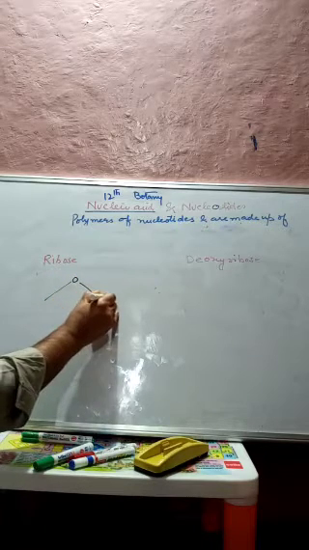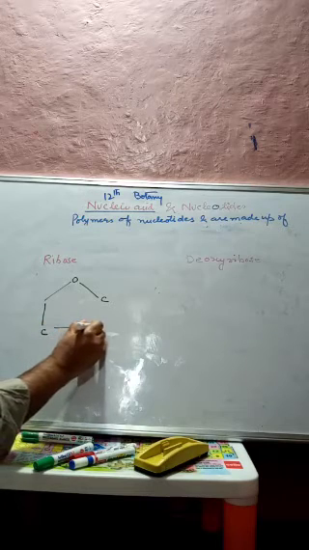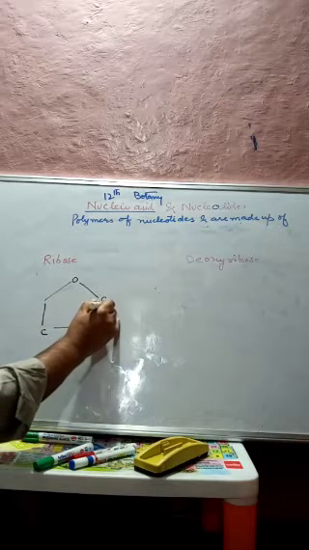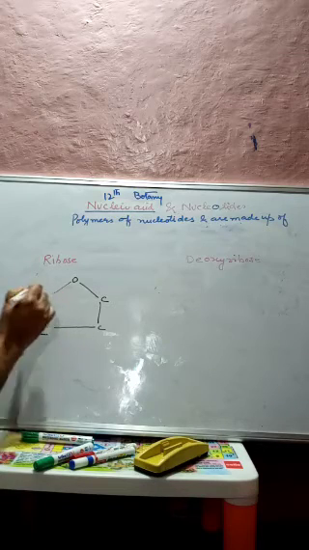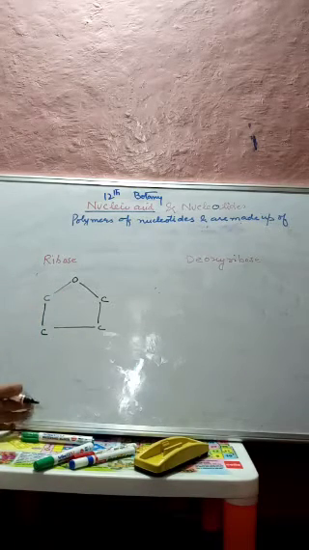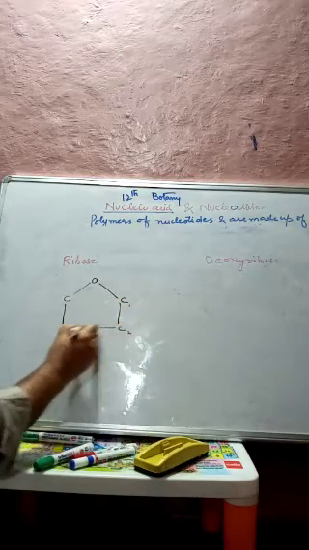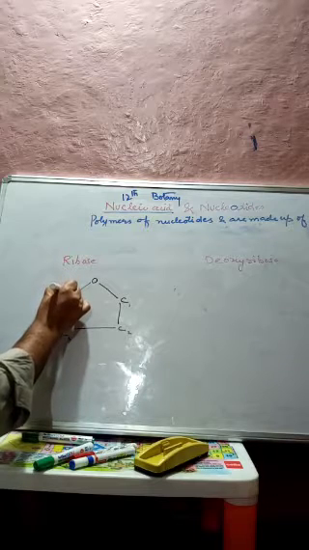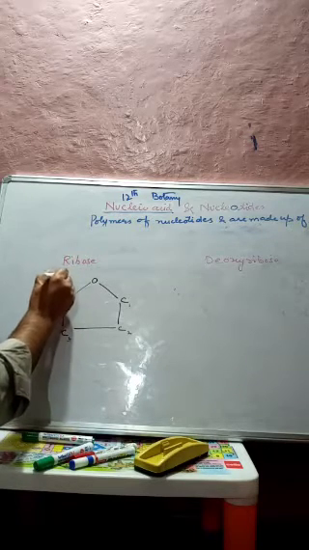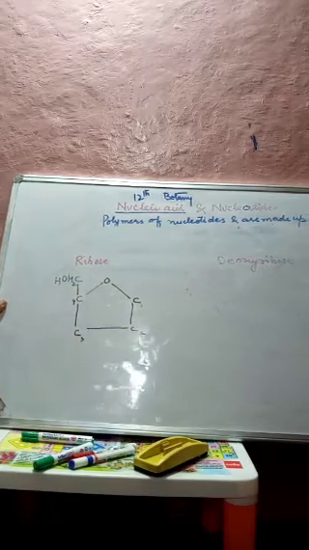This is oxygen, and these are carbons. If we go on naming these carbons, this is carbon 1, carbon 2, carbon 3, carbon 4, and there is one more which is CH2OH.